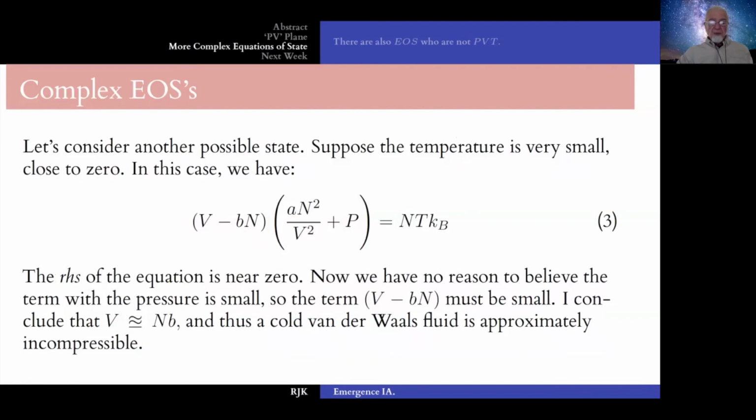So we have no reason to believe that the pressure terms here are small, which means that the volume minus the constant times the number must be small. And therefore, you can conclude that the volume is approximately equal to that. And thus, for a very cold, that is, a very low temperature van der Waals fluid, it's approximately incompressible.